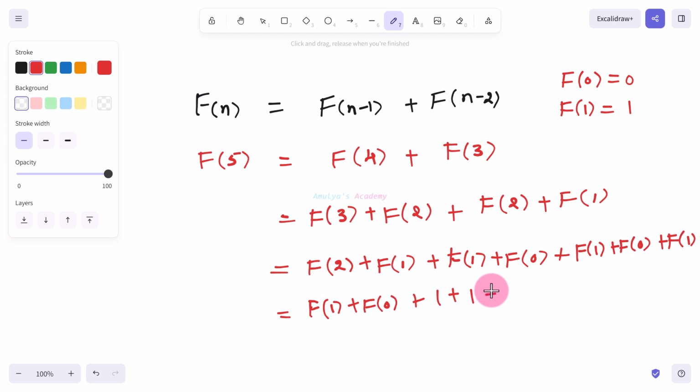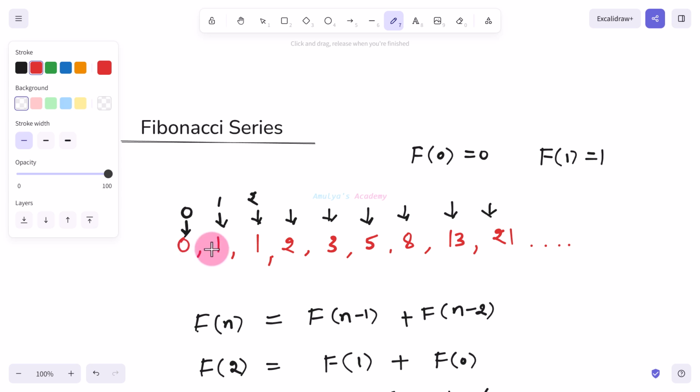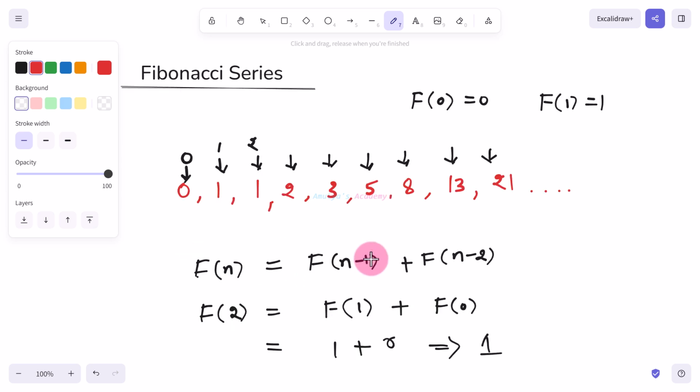F of 1 is 1, f of 0 is 0, f of 1 is 1, f of 0 is 0, f of 1 is 1. Then here f of 1 is 1, f of 0 is 0. So f of 5 is 5. Counting 0, 1, 2, 3, 4, 5, yes. If I mention the fifth number, it means the number at the fifth index, okay? It will start from 0.